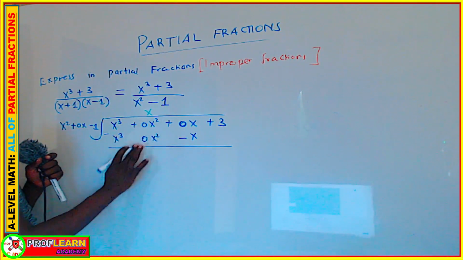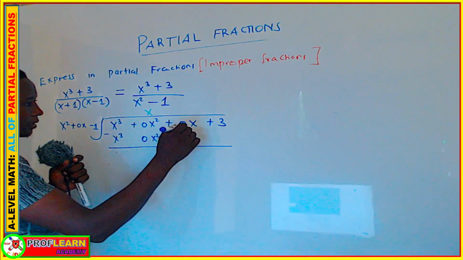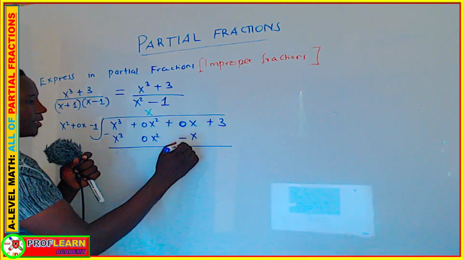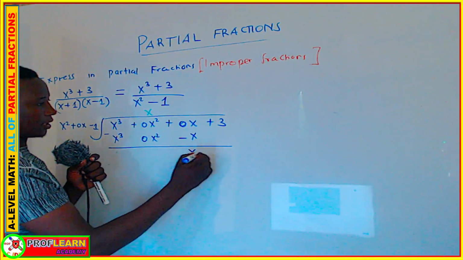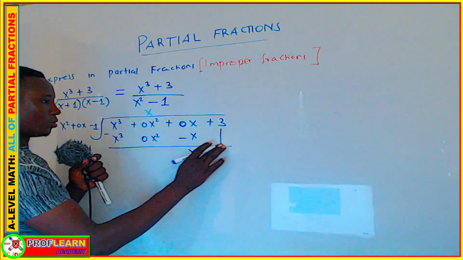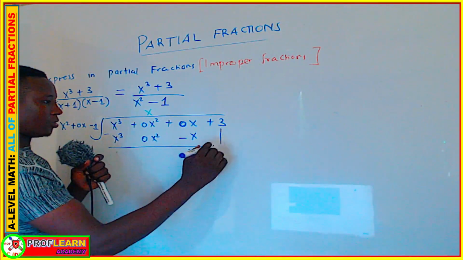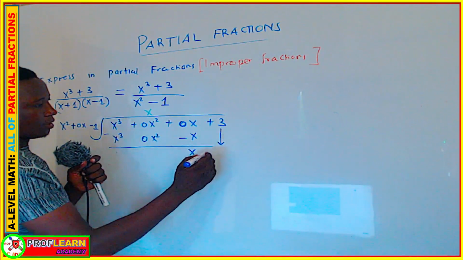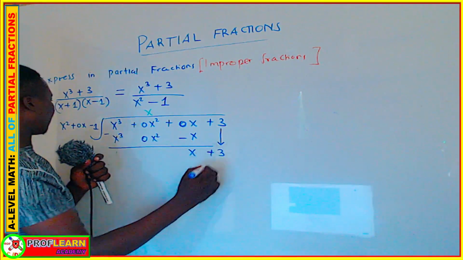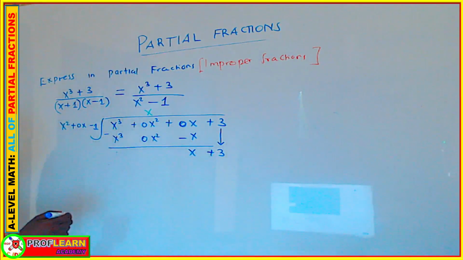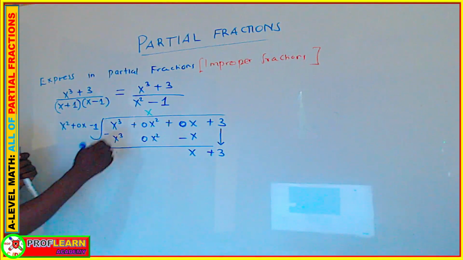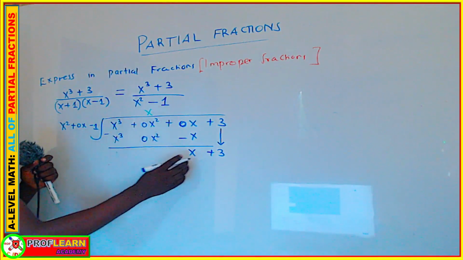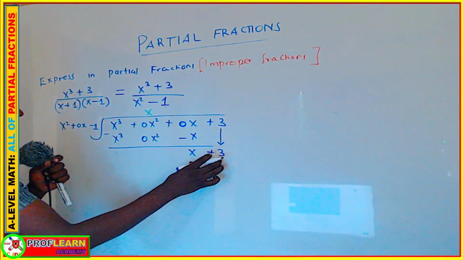This will run to 0 as well. And 0x minus minus x is going to be just x. And now we're going to pull the 3 down, and we shall have plus 3. So meaning if you divide this, the remainder is going to be x plus 3.